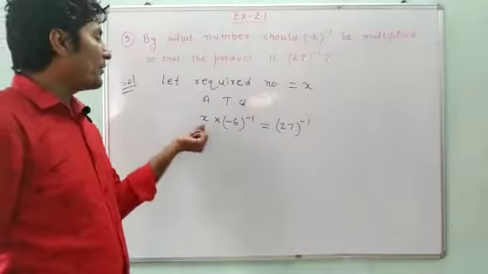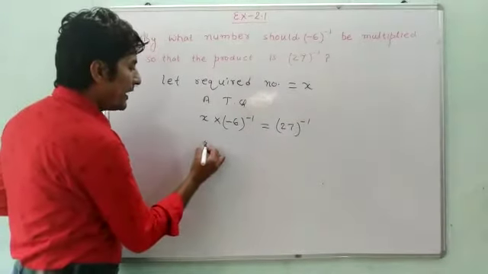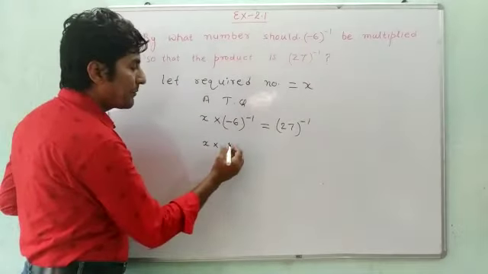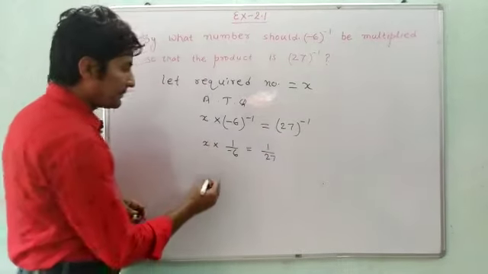Now here we have to find out the value of x. That will be the required number. X will be as it is. Since we are having the negative exponent, so we can write the reciprocal of this one. That will be equals to 1 upon minus 6 equals to. Again we can write the reciprocal of 27 here, 1 upon 27.